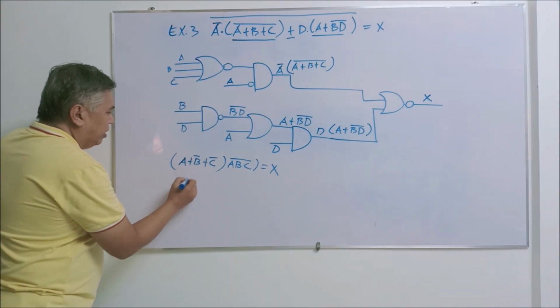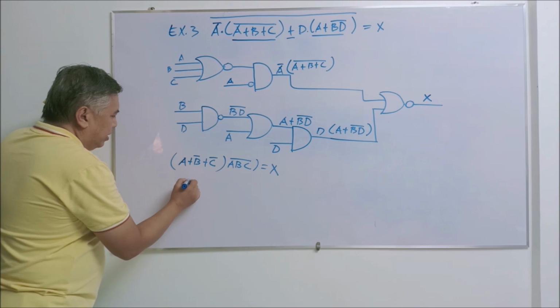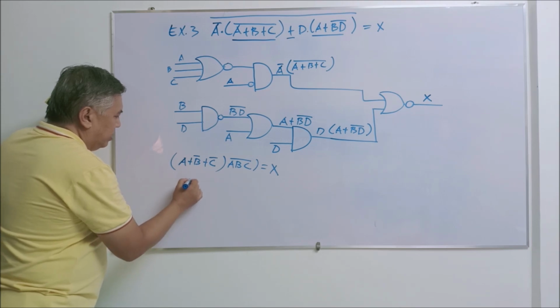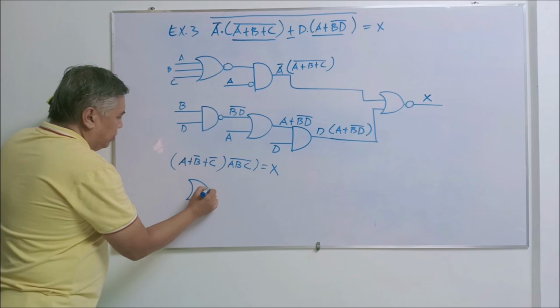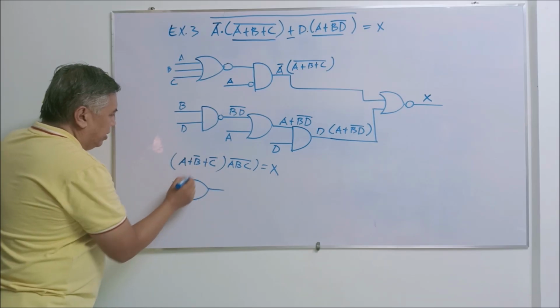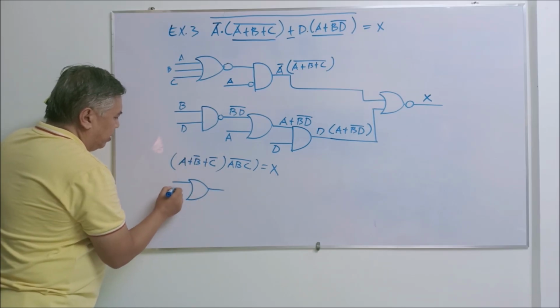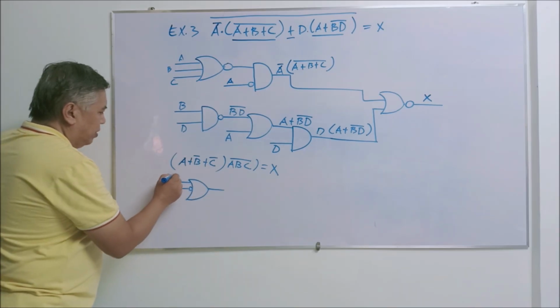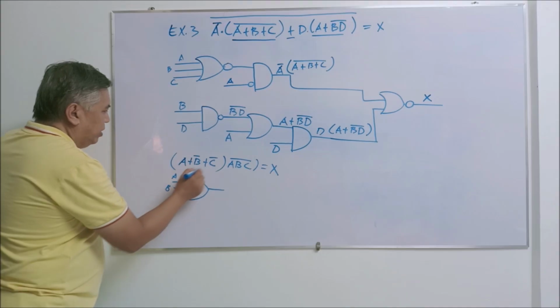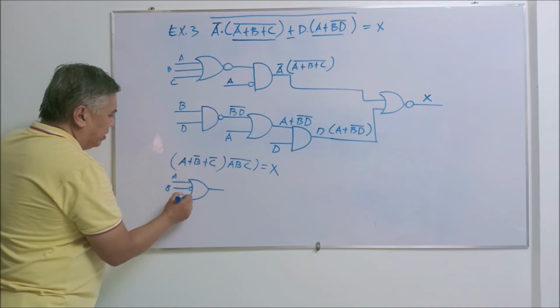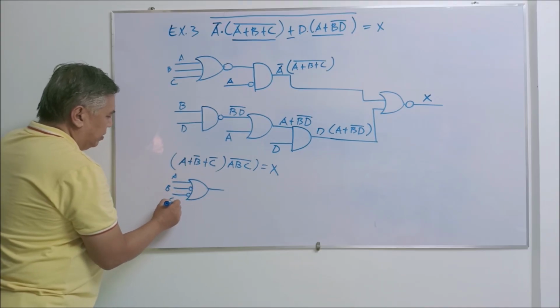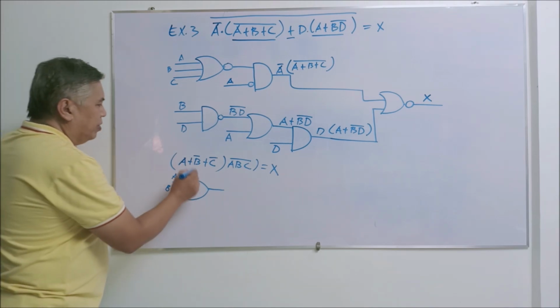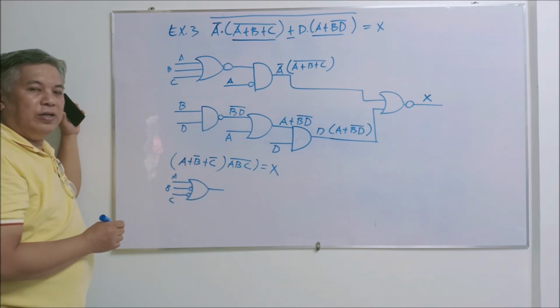So this will be represented by an OR gate with inputs A, B complement, and then you have C complement. That will be your logical representation.